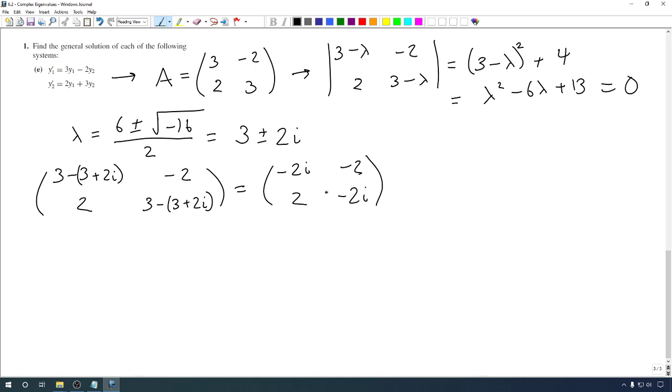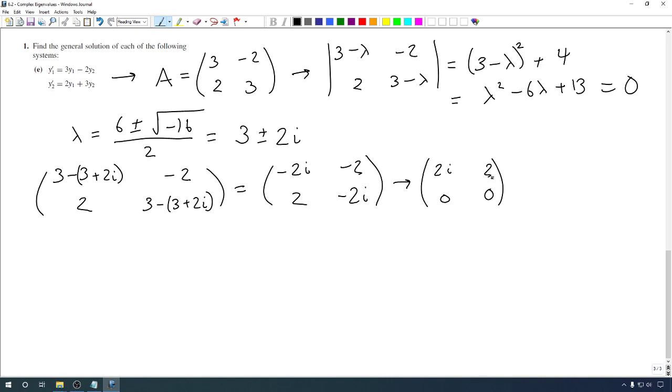So that's why we actually do have this as an eigenvalue. This is something that we can simplify down. Actually, let's even get rid of the negative here. We can cancel out the negative. We have 2i, 2, and this is 0, 0, just using the same row operations that we used before.